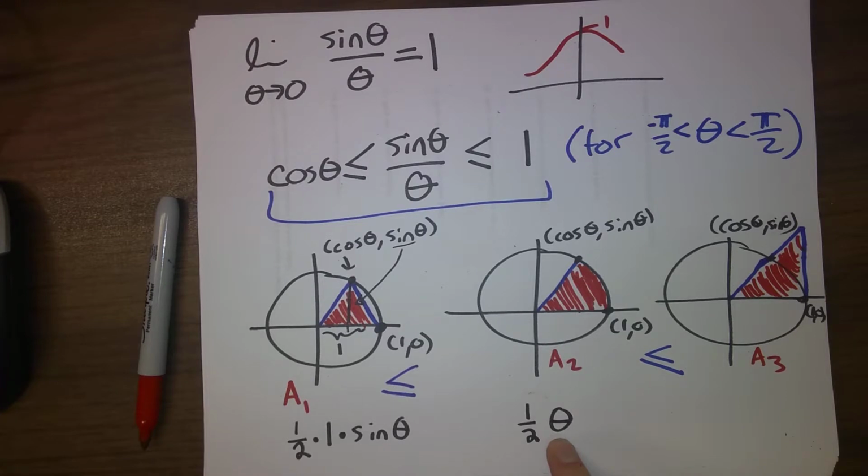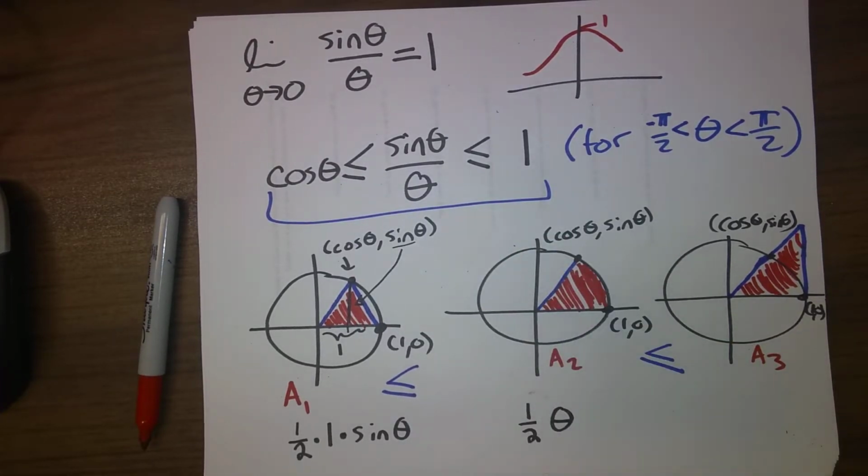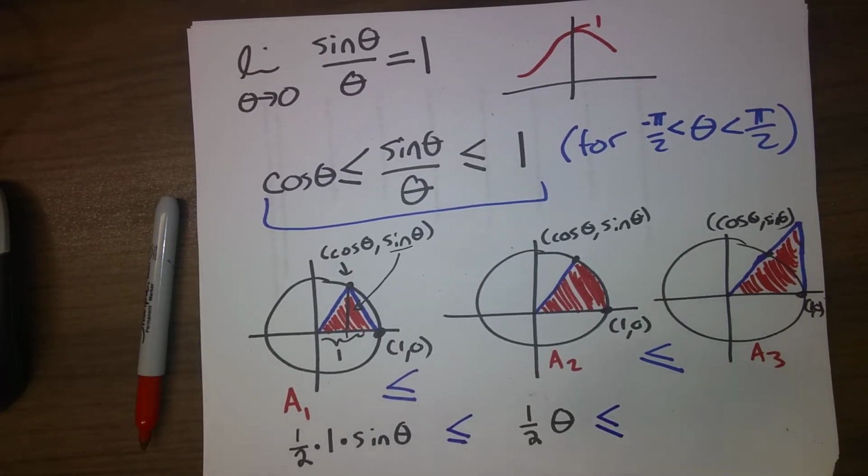If theta is 2 pi, then we're looking at the entire unit circle here. We get 1/2 times 2 pi, which is pi, and the area of a circle of radius 1 is pi times 1 squared, which is pi, so that checks out. So the area of this sector is just 1/2 times theta. So what do we have? We have this inequality.